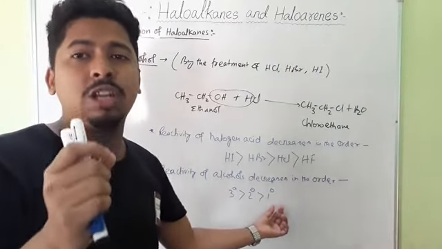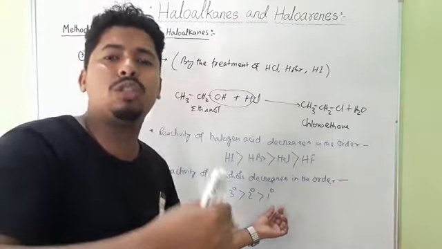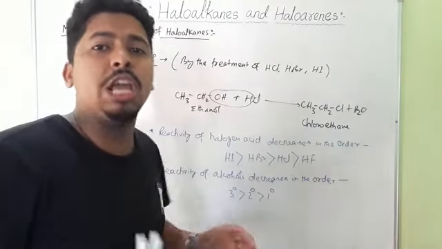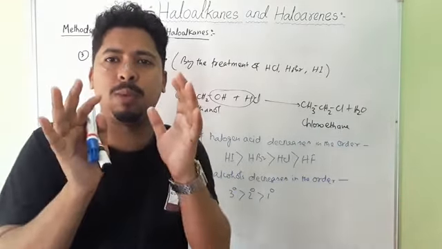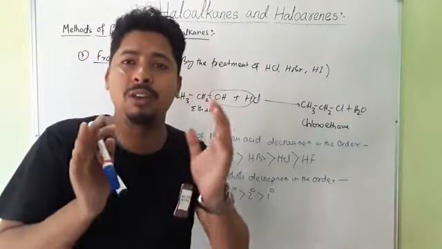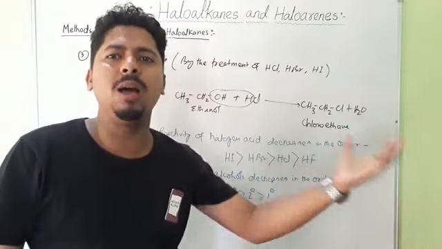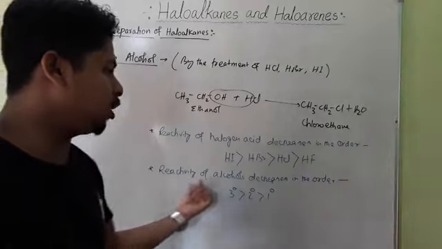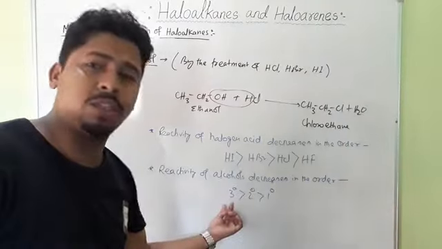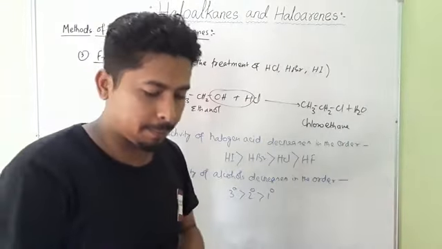We know 3 degree carbocations are more stable than 2 degree, which are more stable than 1 degree. If it is a 3 degree alcohol, it will form a stable carbocation, so it can conveniently react with the halogen acid to form the product. That's why the reactivity of alcohols decreases in the order 3 degree, then 2 degree, then 1 degree.